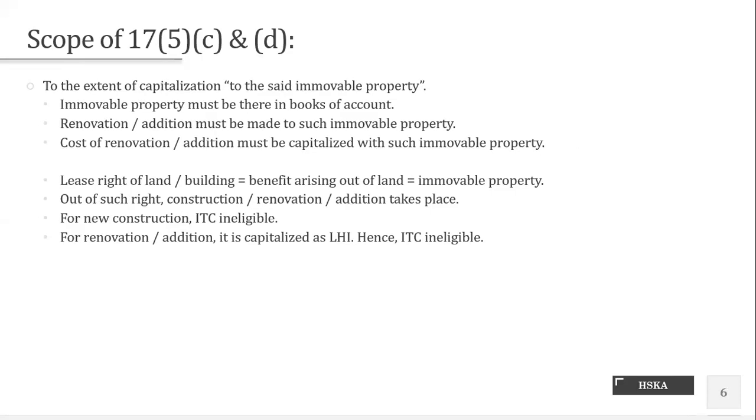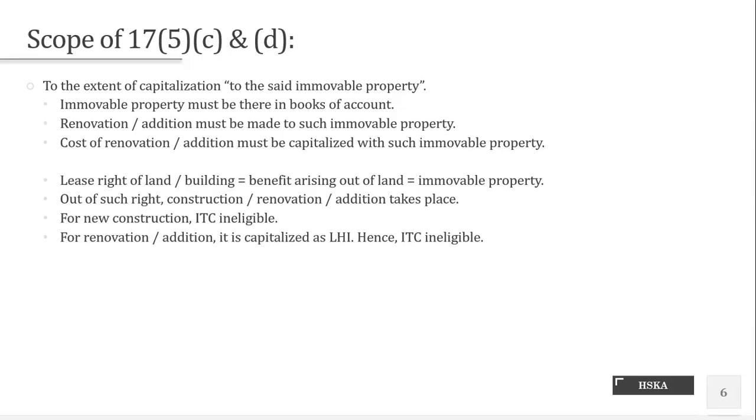Another term that it uses is, wherever it is renovation, repairs, alteration, it talks about capitalization to the said immovable property. Now, the question that comes to mind is whether this immovable property should be there in my books of accounts.